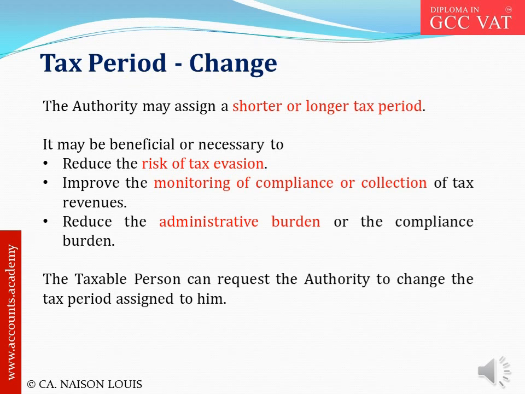So considering all these factors, the tax authority can change the tax period for a particular taxable person. And the taxable person can request the authority to change the tax period assigned to him whenever the taxable person feels that there is a reasonable situation to apply for change in the tax period.